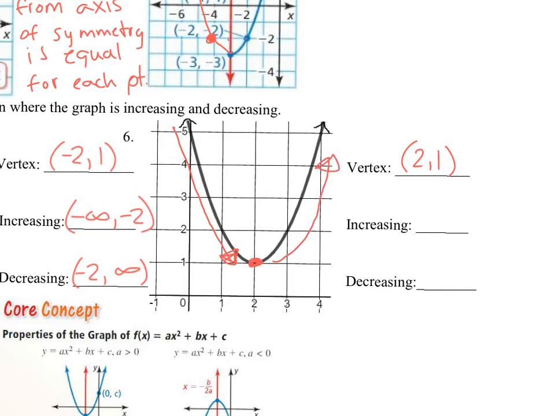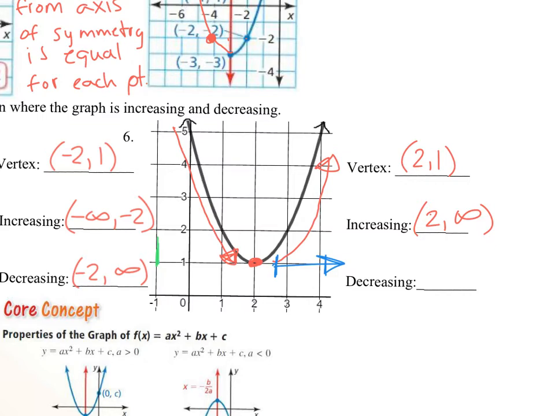So in terms of increasing, I'm increasing from 2 to +infinity, okay? So the idea is from this point right here onward, I'm increasing. Now, from this point over here -infinity to here, I'm decreasing.